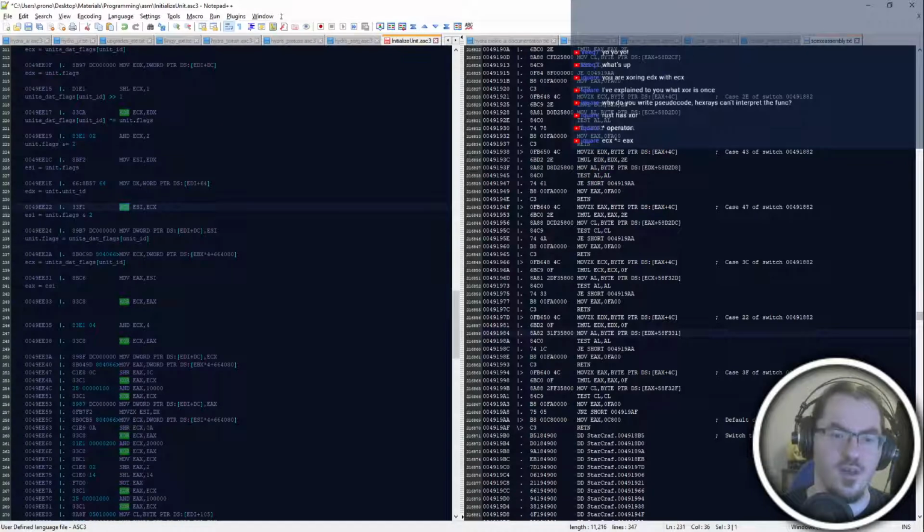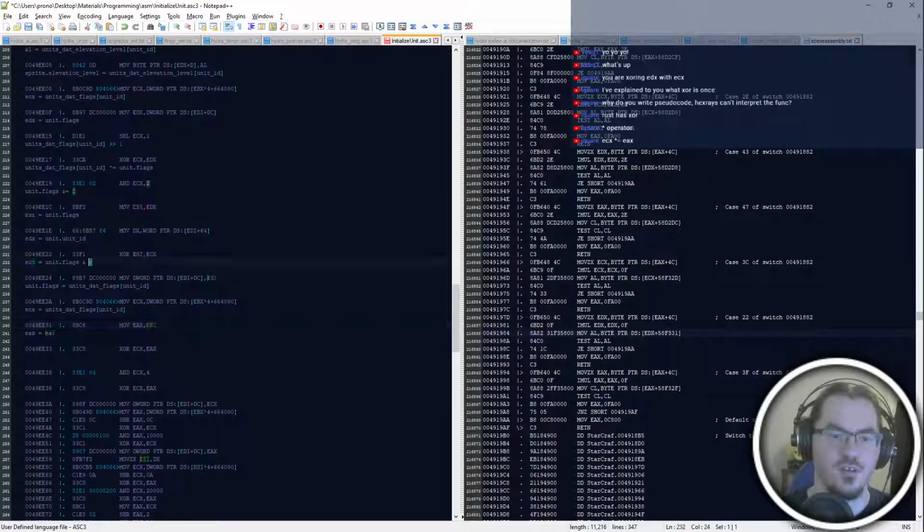So the next XOR happens where ECX, which is overwritten as this, gets XOR'd by EAX, which is unit flags. What?